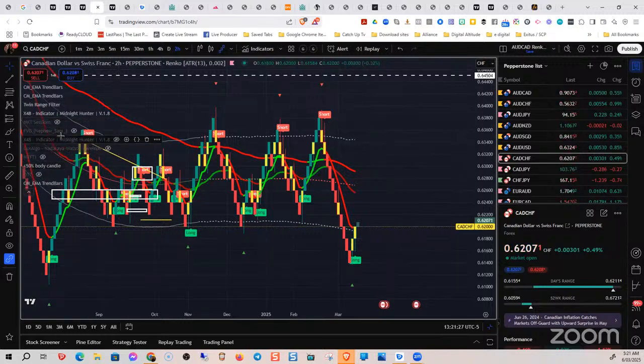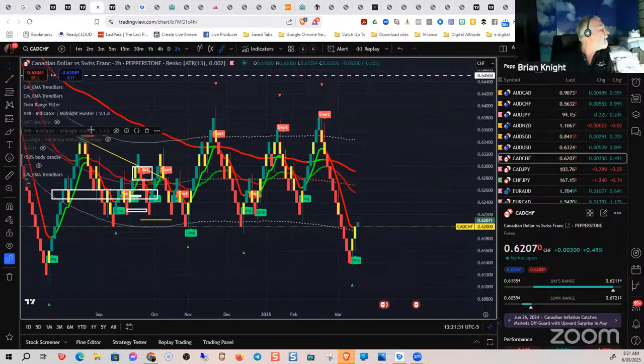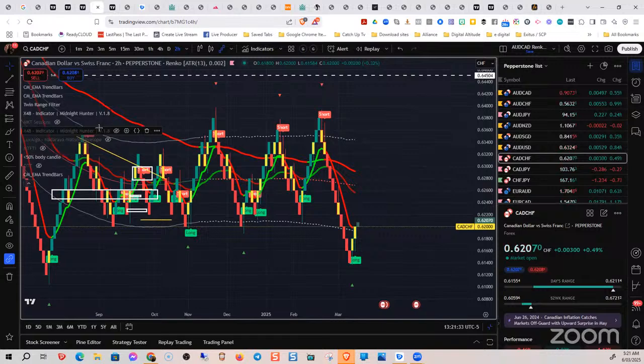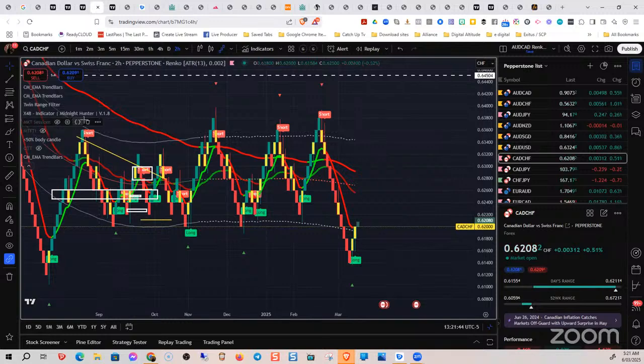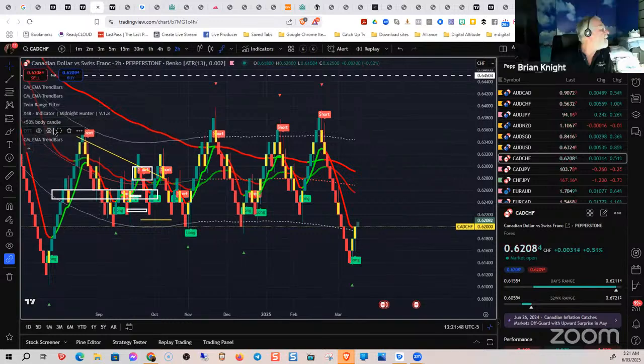Don't need the fair values. MKT sessions you don't need. Don't need this other one, there's two of them. What's an envelope? Don't need that either.